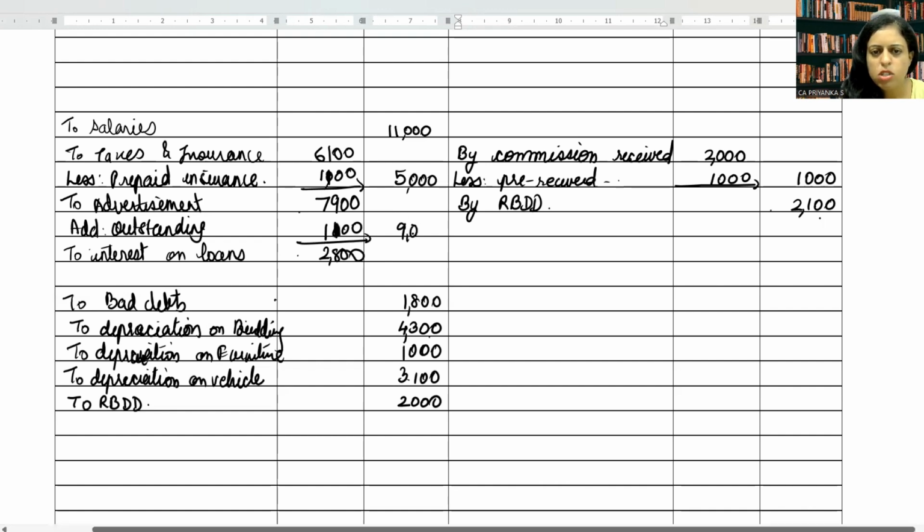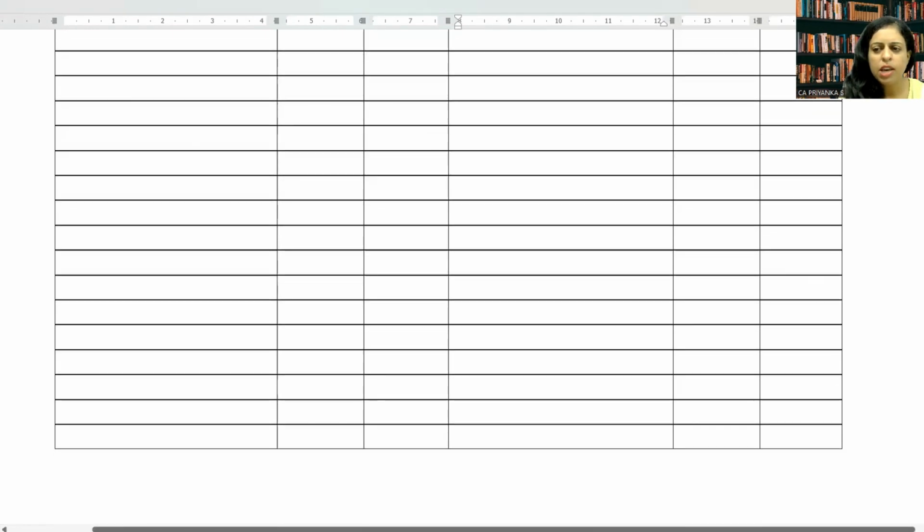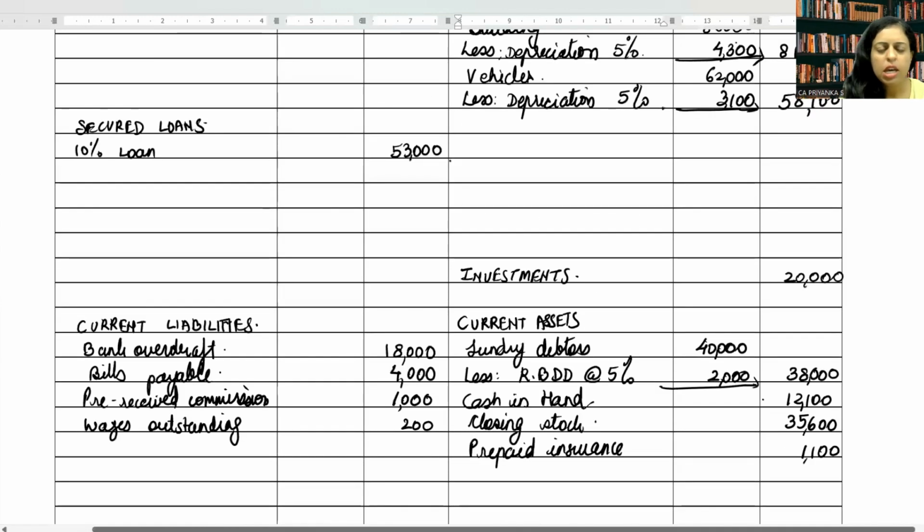So 9,000 is the total value of advertisement now. And the 1,100 outstanding I will show in the balance sheet, current liabilities, advertisement outstanding, 1,100. Done. So all the adjustments are done.